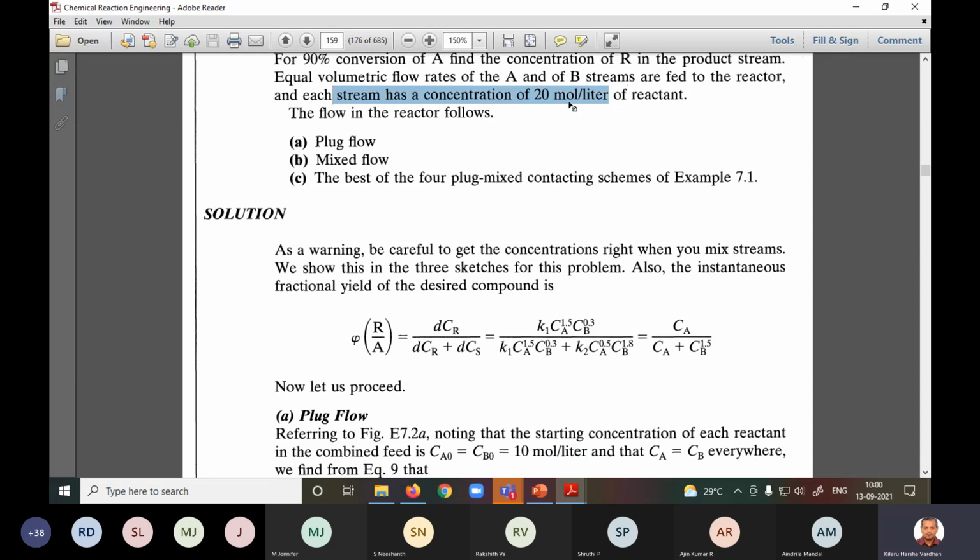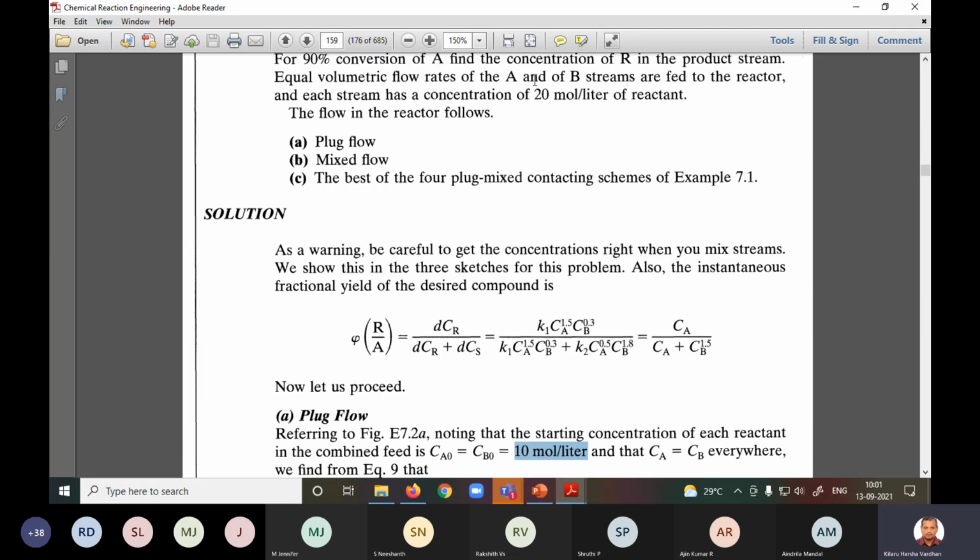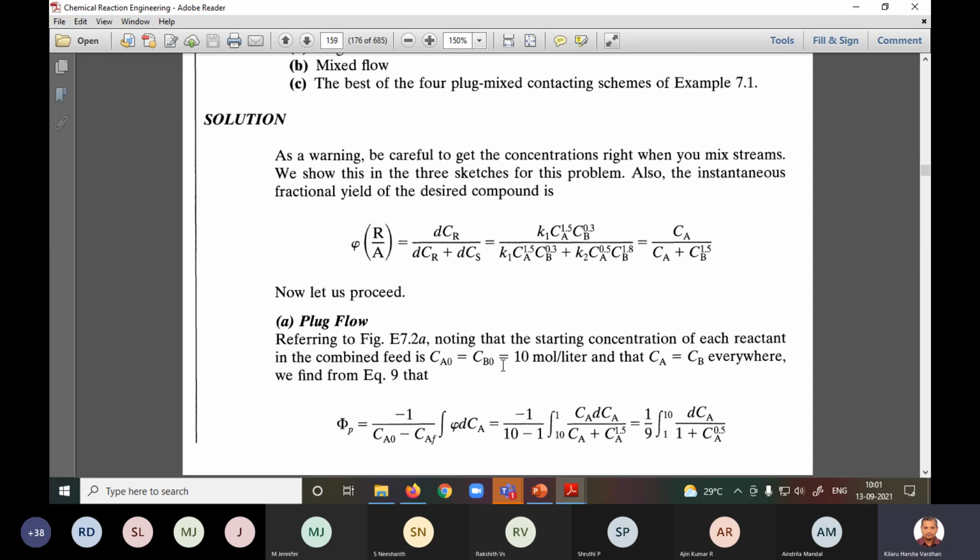Each stream has the same concentration and volumetric flow rate. But here 20 mole per liter is there, but here he is taking 10 mole per liter because each one is having the same thing. Therefore, when you are adding these two streams, it will be divided by 2. Am I right? Because same volumetric flow rate, it gets diluted. That is why Ca0 and Cb0 is 10 mole per liter.